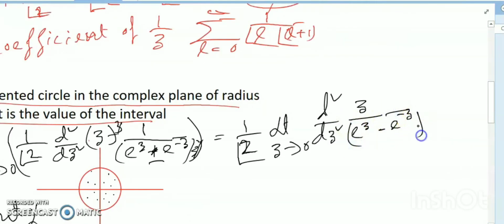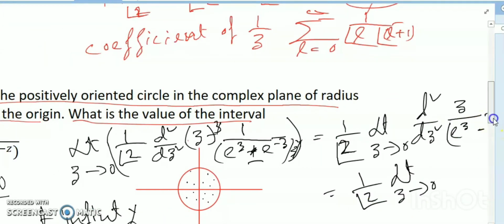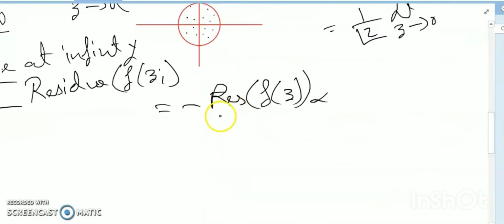I think this way is very long, because you have to take the double derivative of this portion using the chain rule. But if you solve it the other way, then it is very easy.